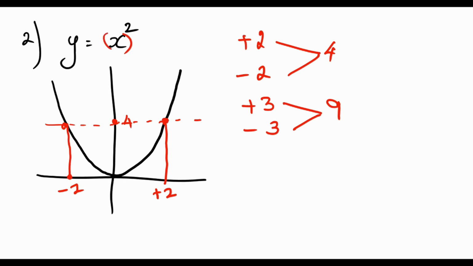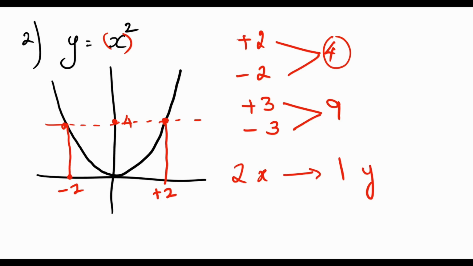So which means you have two values of x giving one value of y. So two x's giving one y, right? It could be many x's giving one y.